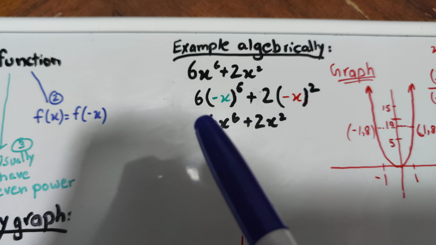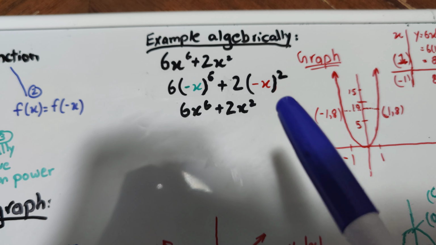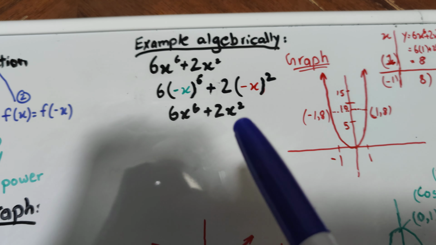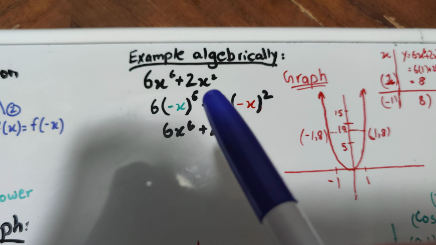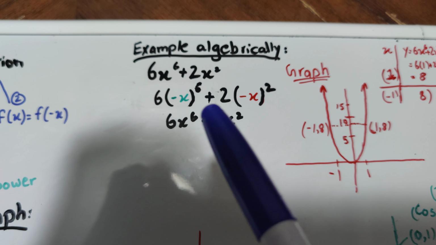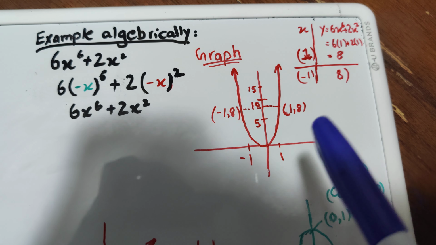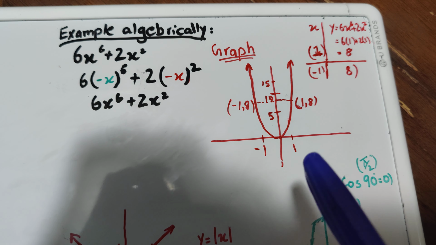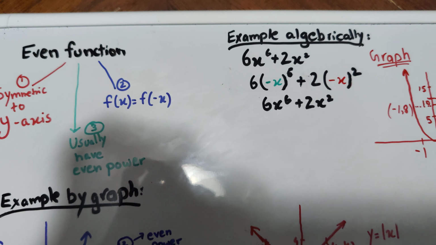Because it's an even power, it still gives the same result. If you put in 1 here, it should give 8. If you put in -1, it still gives 8. So 1 gives 8, -1 gives 8. So if we change the sign of x, it still gives the same y value. You can see, as mentioned there.